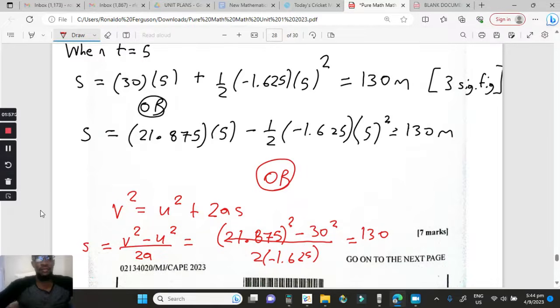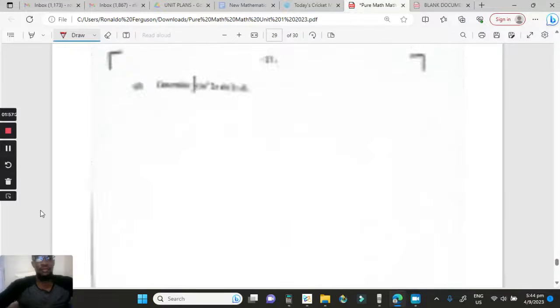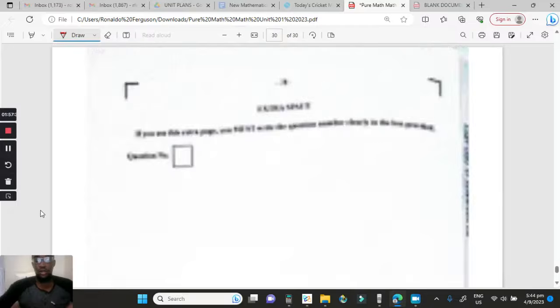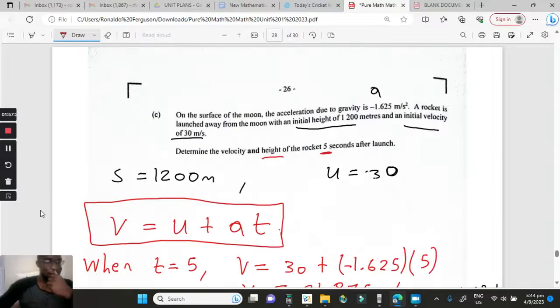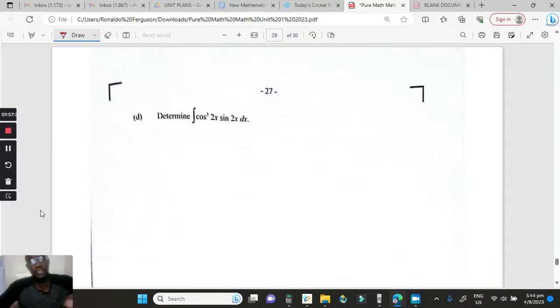Is there anything more to it? Page 28. I think 29 would be the extra sheet. There is something more to it. Sorry. So now this one now, determine this integral. Now at unit 1, there's only two types of integration I've seen come a lot, is either substitution or recognition.